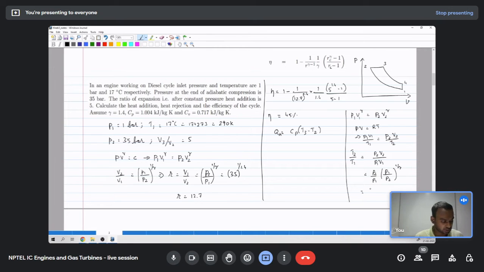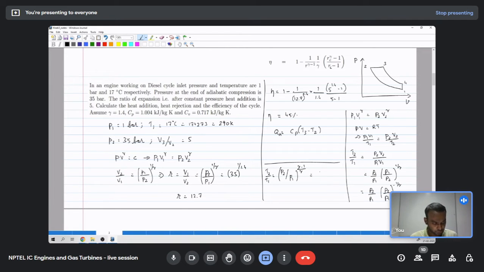So we can write this as P2 by P1 power 1 minus 1 by gamma. So then we will have T2 by T1 is P2 by P1 power gamma minus 1 by gamma.